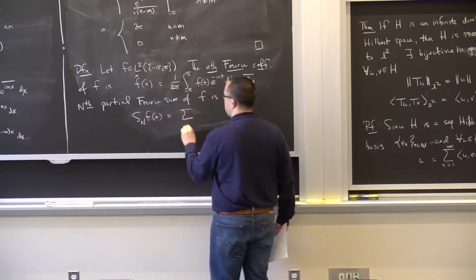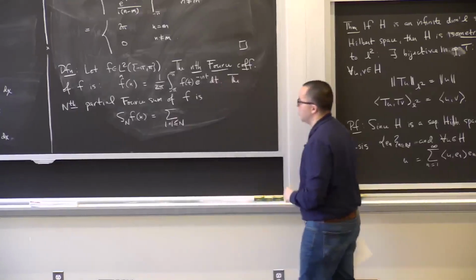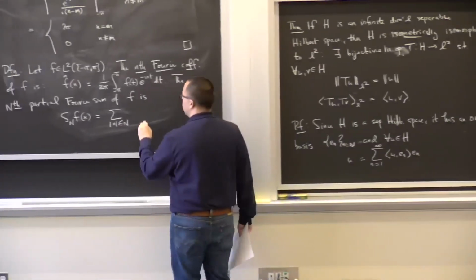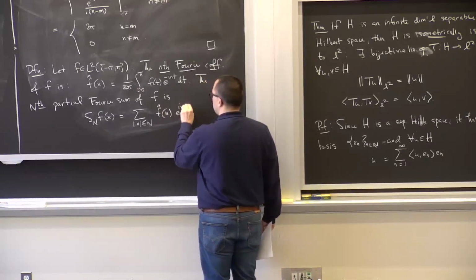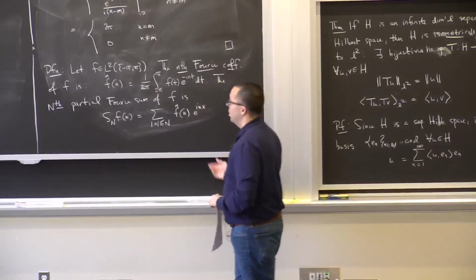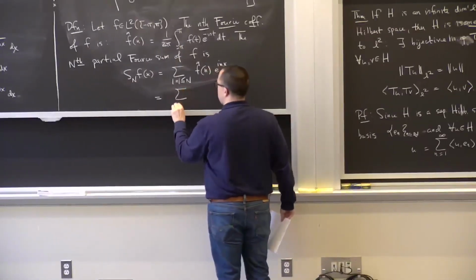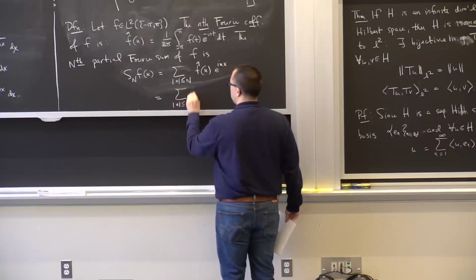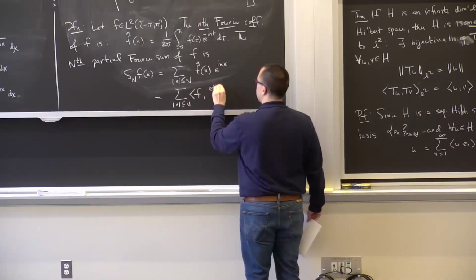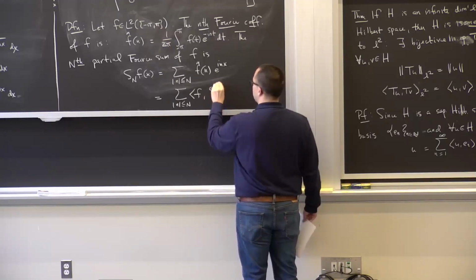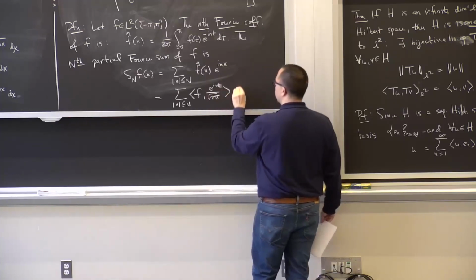This is equal to the sum over integers n with absolute value less than or equal to capital N of f hat of n times e to the i n x, which is the same as f inner product with e to the i n t over square root of 2 pi.